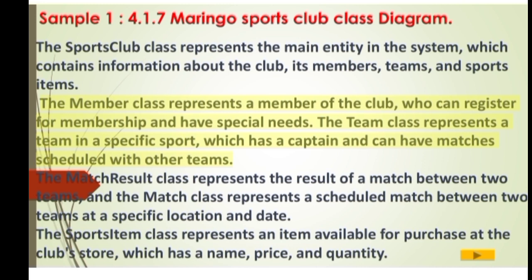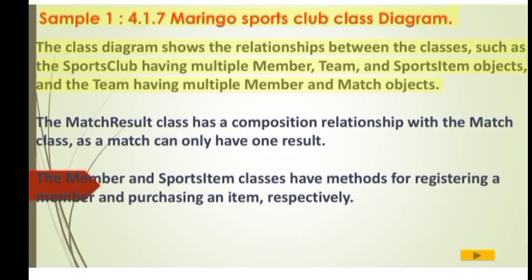The team class represents a team in a specific sport, which has a captain and can have matches scheduled with other teams. The match result class represents the result of a match between 2 teams, and the match class represents a scheduled match between 2 teams at a specific location and date. The sports item class represents an item available for purchase at the club store, which has a name, price, and quantity.